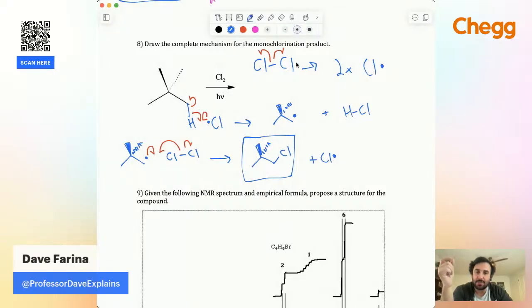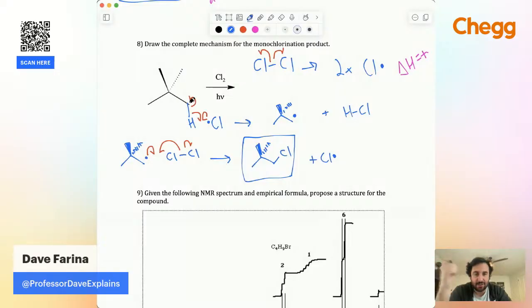But what we're understanding is we've got an initiation reaction, right? Initiation reactions always require energy, so those are going to be endothermic. That's how we get the chlorine radical. The chlorine radical will react with a particular carbon-hydrogen bond, generating an alkyl radical.